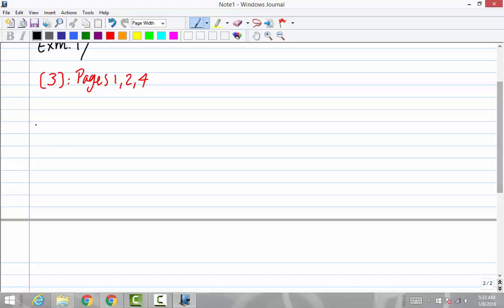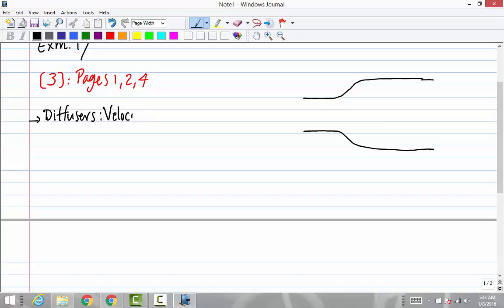Diffusers have the shape of an expanding channel, and in diffusers the velocity decreases.